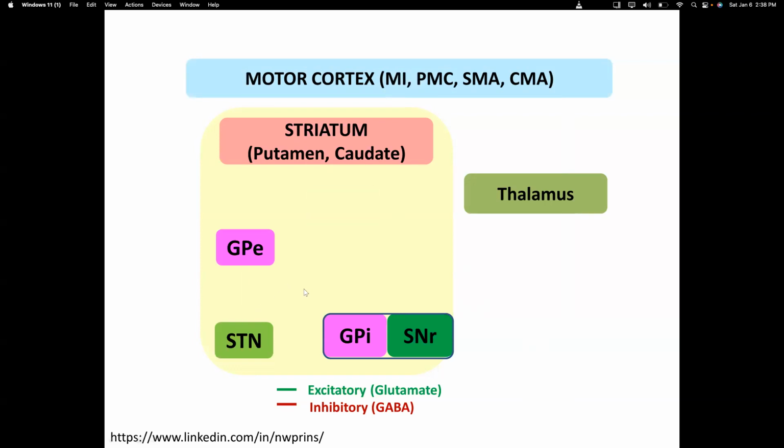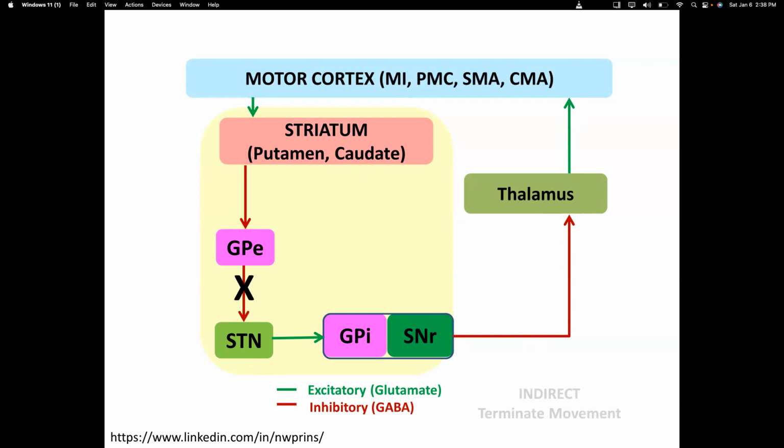So the motor cortex gives the excitatory signal to the striatum, which in turn inhibits the GPE activity, which leaves the STN free to excite both the GPI and the SNR, which have an inhibitory connection to the thalamus. Because the thalamus is now inhibited, its activity is reduced. And so if you were walking, this can stop the movement. So what we say is the indirect pathway terminates movement.